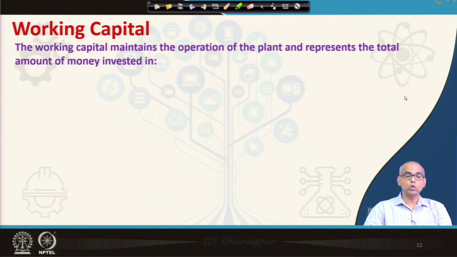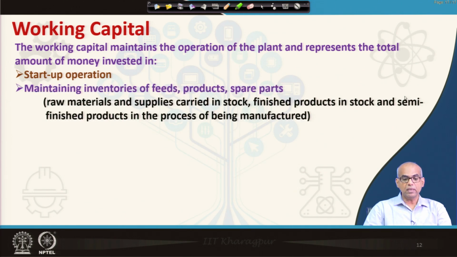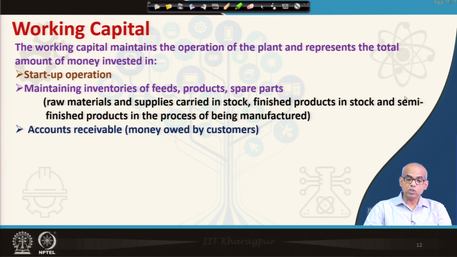Now, let us move on to working capital. So, working capital maintains the operation of the plant and represents the total amount of money invested in startup operation, maintaining inventories of feed, products, spare parts, accounts receivable.